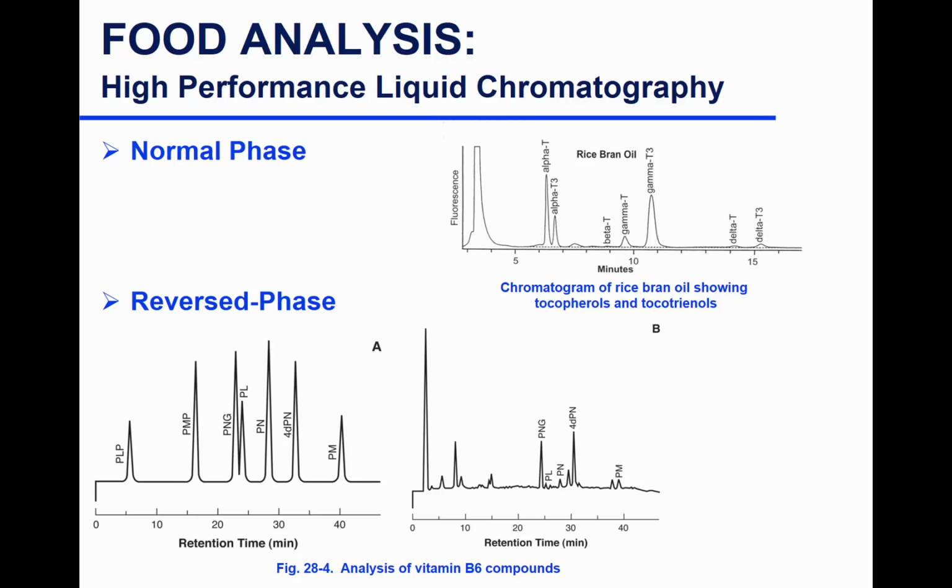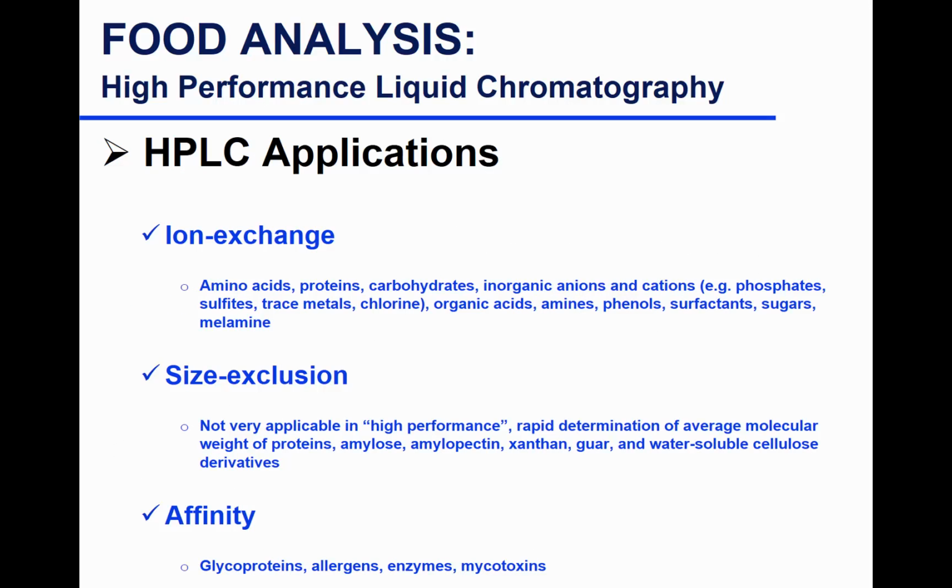So the first peak right here, is it most polar or least polar? Least polar, yes. Because the most polar will interact the most with your column and will leave last, and here is the opposite, and here's analysis of B6. Again, here, the most polar will come out first, and the least polar will come out last. These are just example chromatograms.